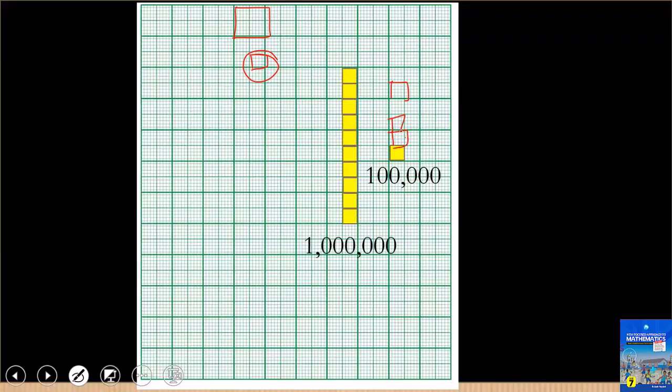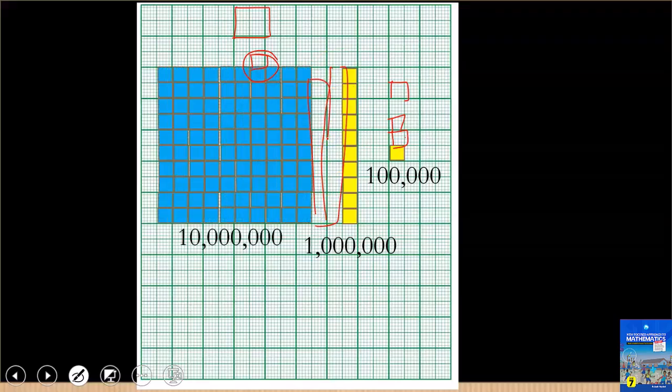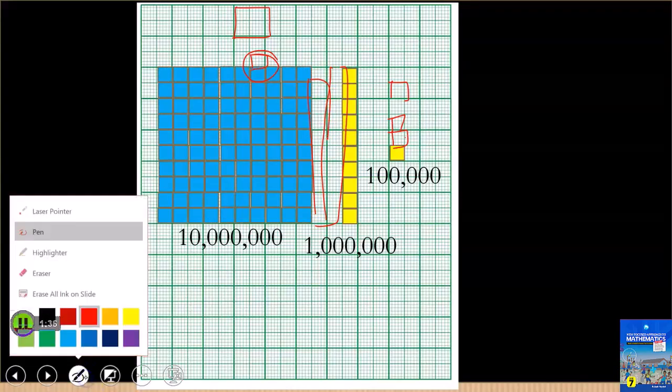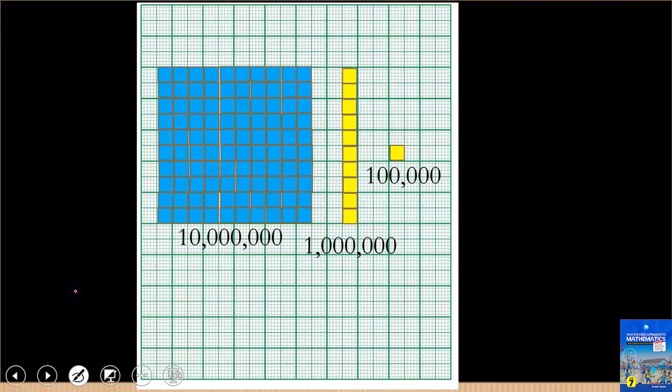And if I put 1 million side by side, and I do that for 10 of them, then I'm going to get 10 million. Is that right? Good. And so we are going to depend on this to model other huge numbers.